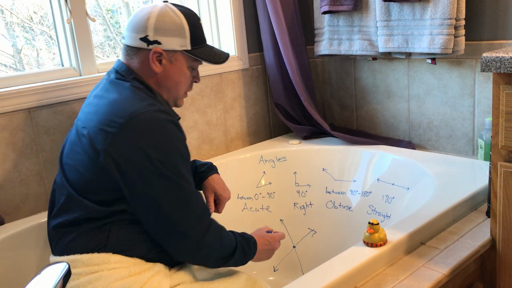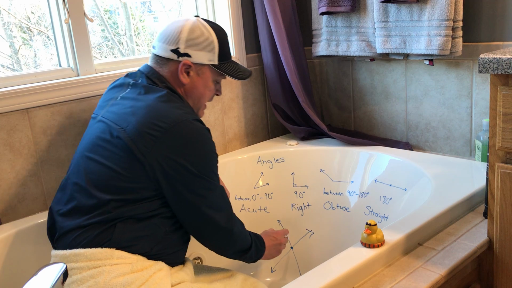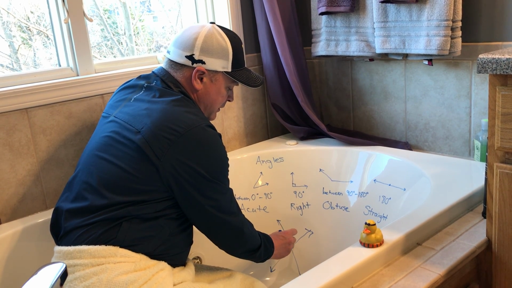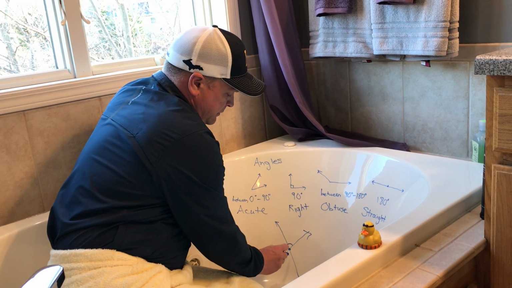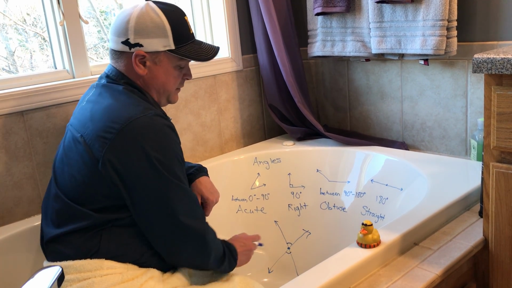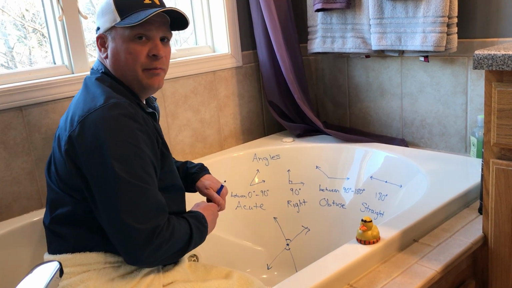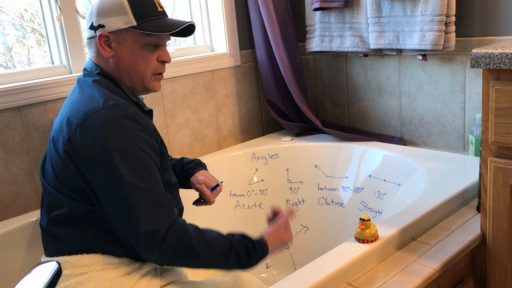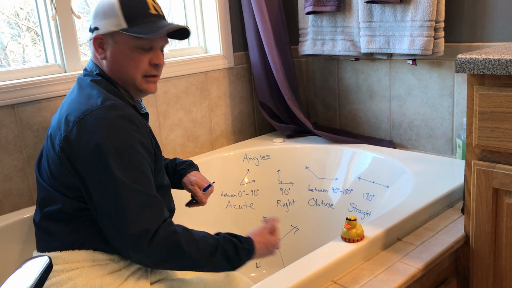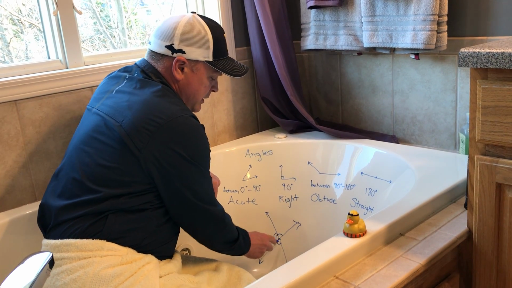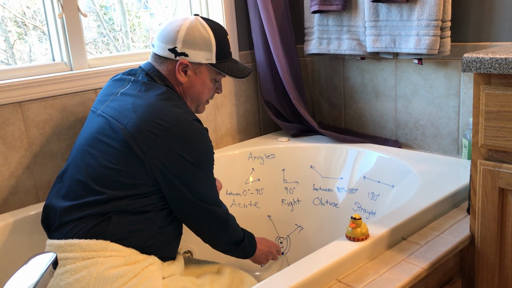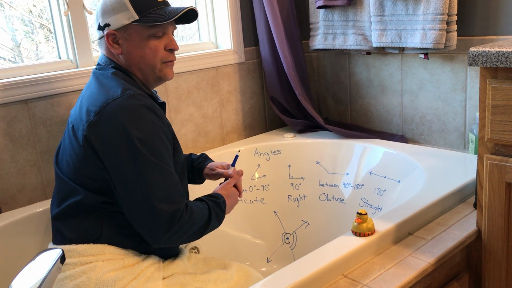Vertical angles would be the two angles, so I'm going to call this angle, I'm going to mark it right there. That same angle, or the measurement of that angle, equals the measurement of the angle that is vertical to it, okay, facing it. Same thing over here. I could say this angle is the same measurement as that angle, okay, vertical angles.